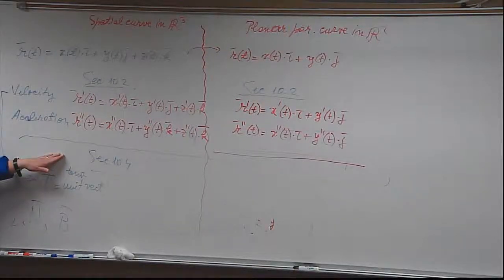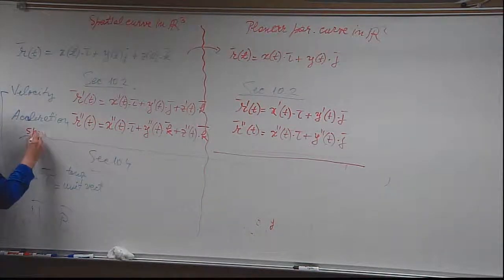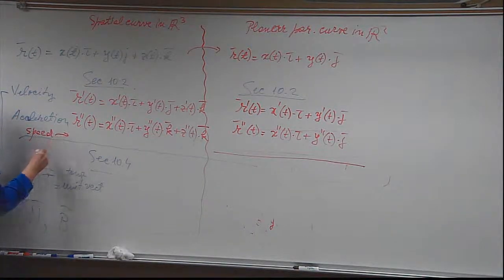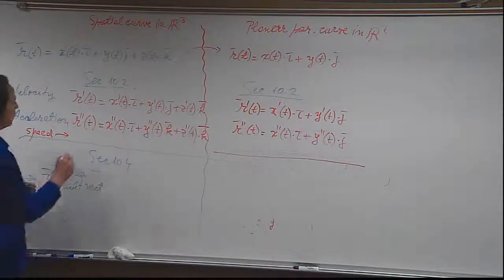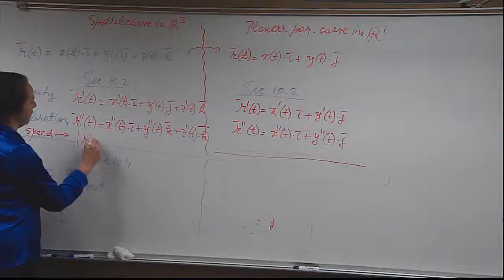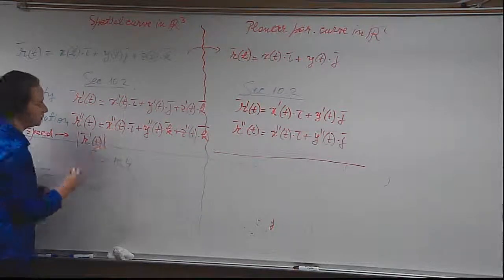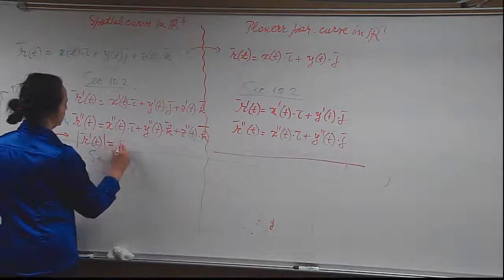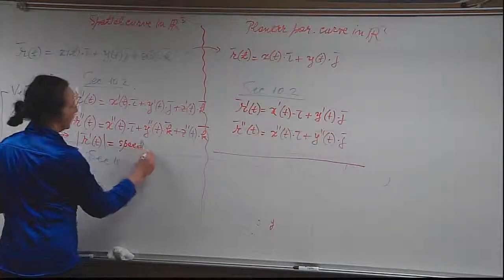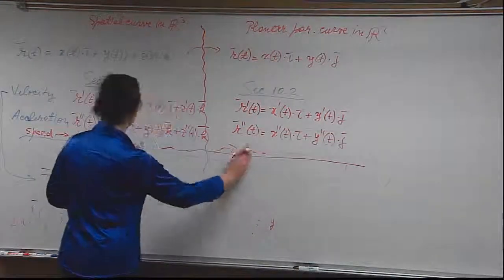Let's see about speed. It's about time to remember what the speed was. The speed was the absolute value, or the magnitude. It's not an absolute value, but it's the magnitude of the velocity vector. This is the speed. And the same in this case.